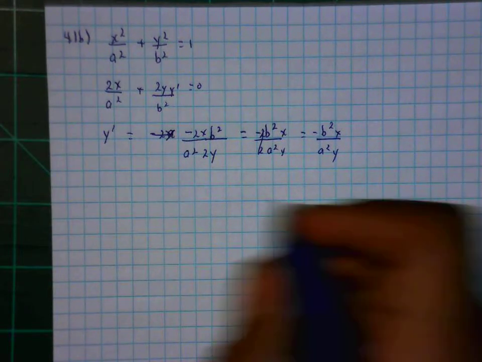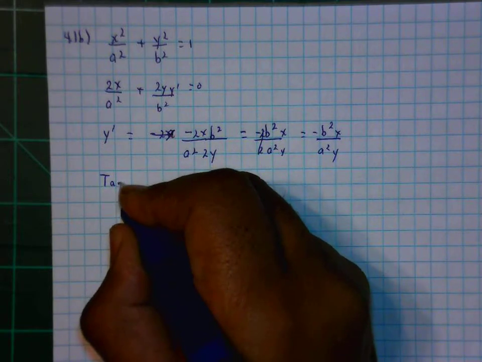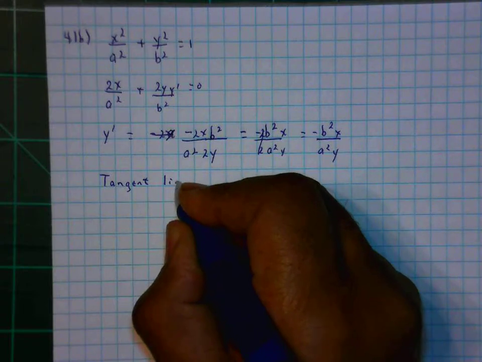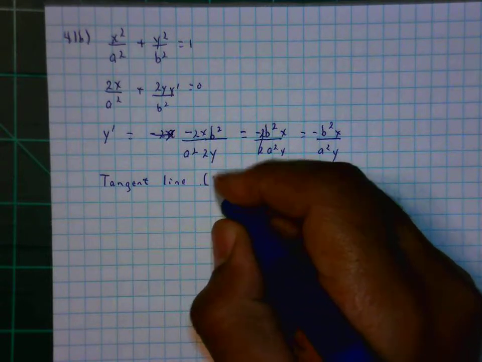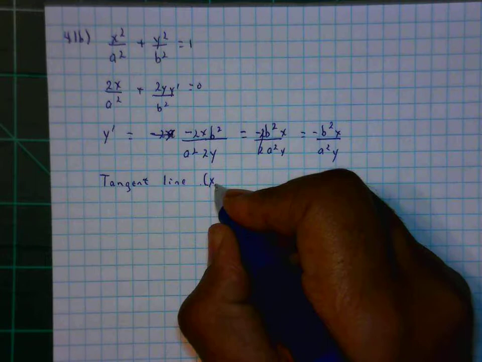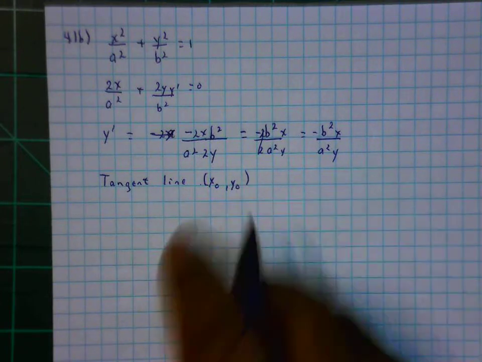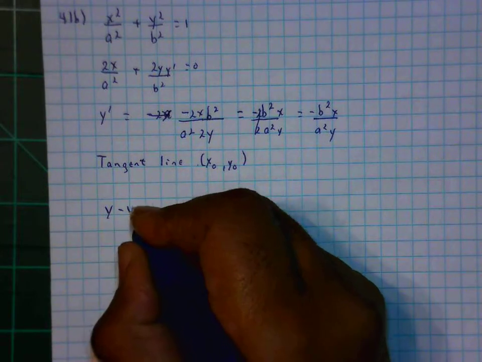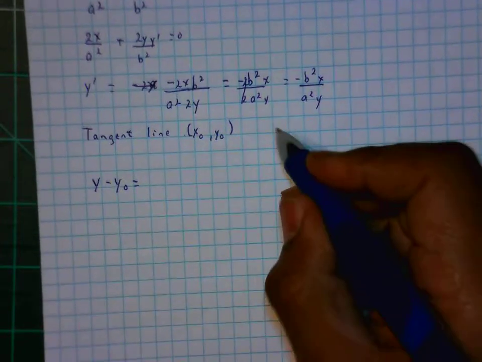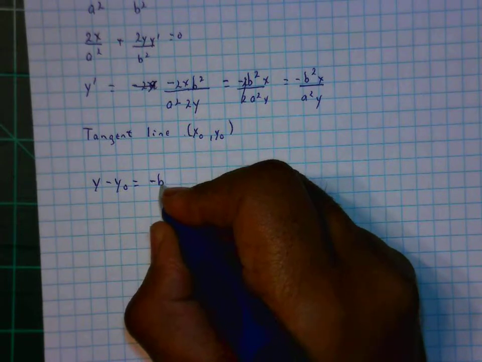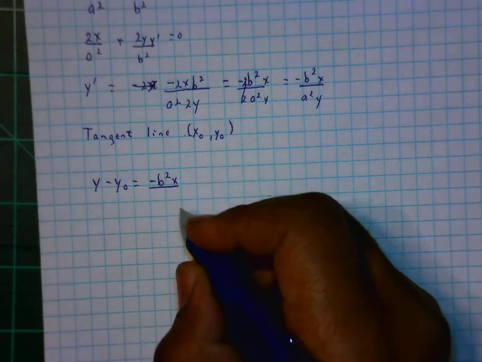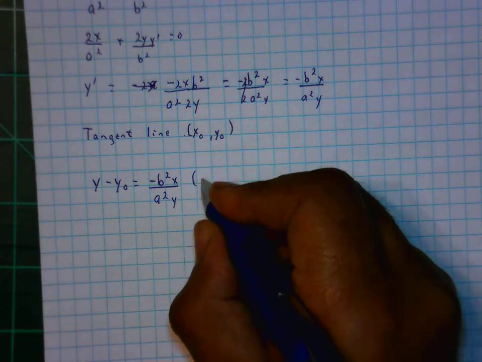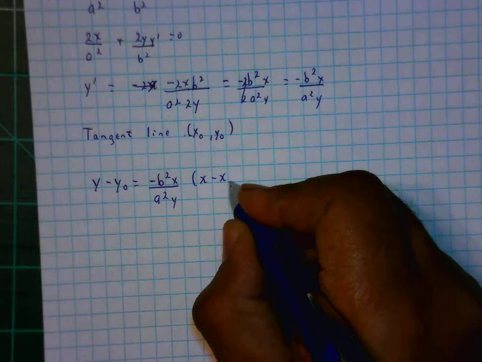Now, if we're looking for the tangent line at x naught, y naught, we're going to get y minus y naught equals this derivative here, negative b squared x over a squared y, times x minus x naught.